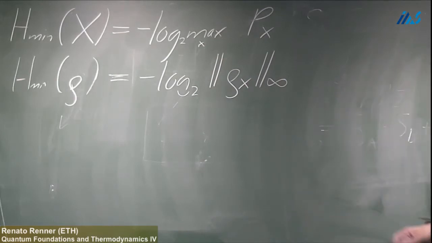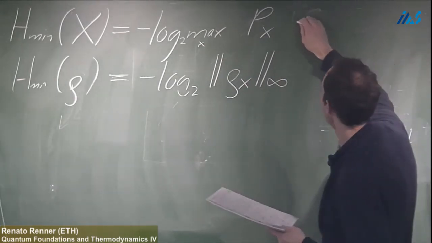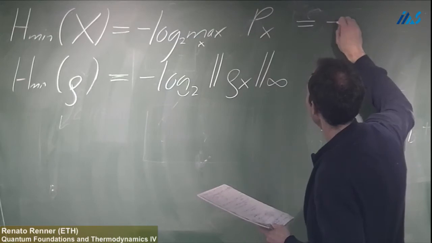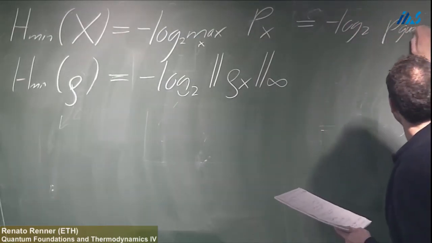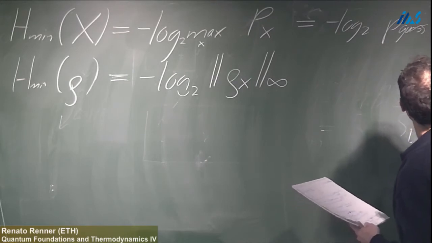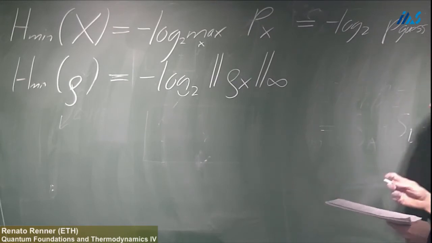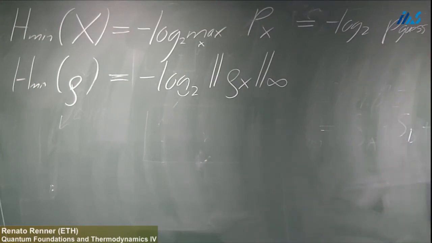Now, if you think about this, you can always interpret that as what some people call the guessing probability. The largest probability is always the probability with which you would correctly guess the value.